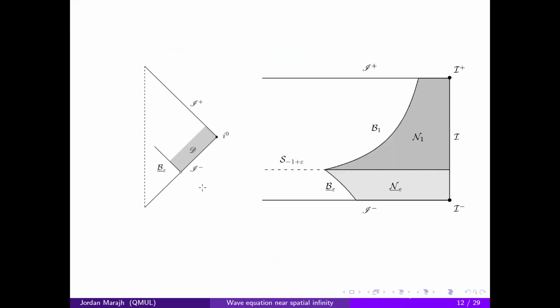Now, I'll put a picture up here. So the entire region with these almost, it looks like curved lines. This is just a coordinate diagram on the right. This entire region is what D transforms as. So this B epsilon here is precisely this one here. This B1 would be the top line, and you can see where spatial infinity has been blown up on the right-hand side.